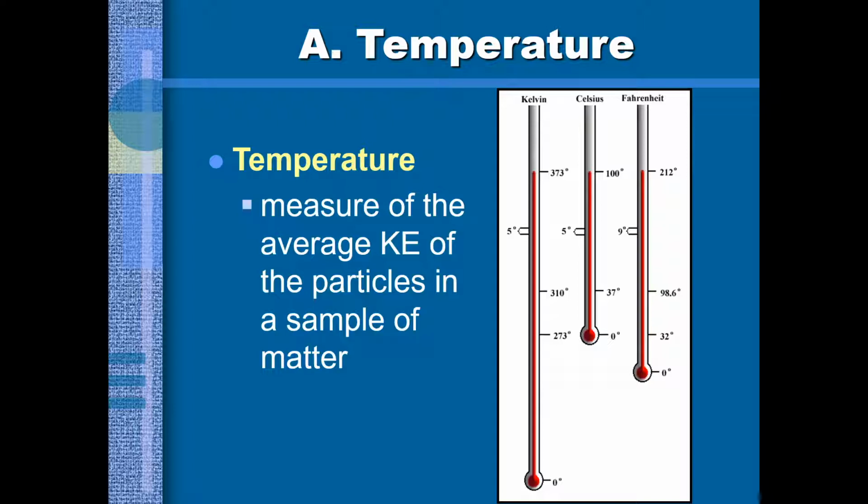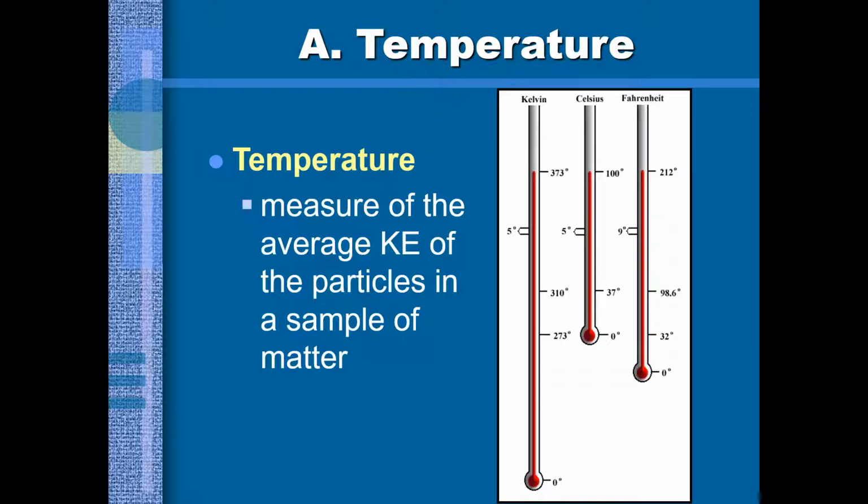And if you want to convert Celsius into Kelvin, you just add 273. So 100 plus 273 is 373. So water will boil at 373 Kelvin. Note there isn't supposed to be a degree symbol on the Kelvin because Kelvin isn't degrees.